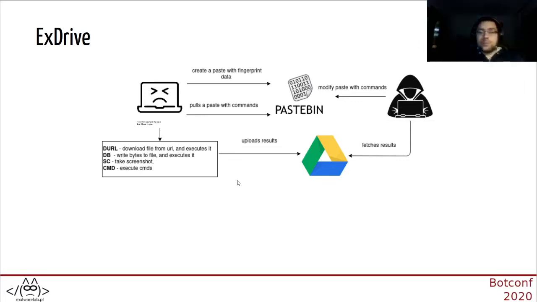Obviously, it's using some API key with some registered account, so the attacker knows which account to follow. He's listing the new pastes. If a new paste comes in, he will read it. If it's interesting, he will issue some commands to the malware by modifying the paste, which later will be read by the malware, decoded, and the commands will be executed.